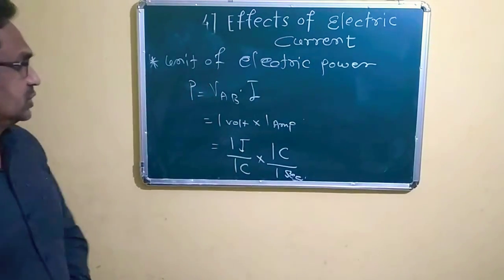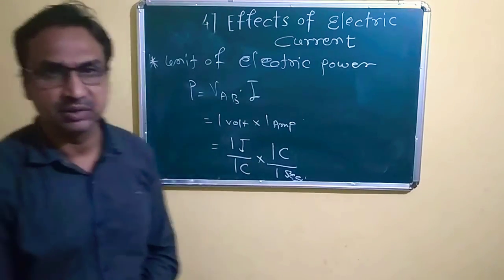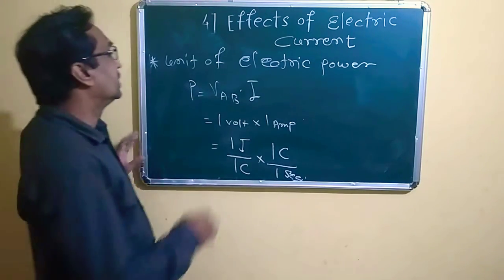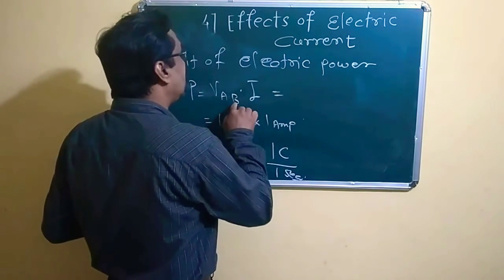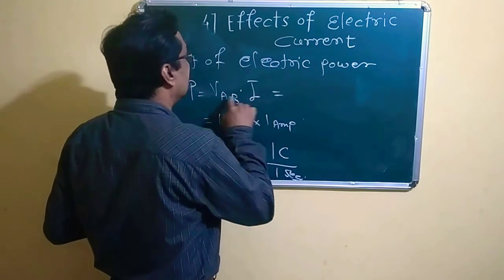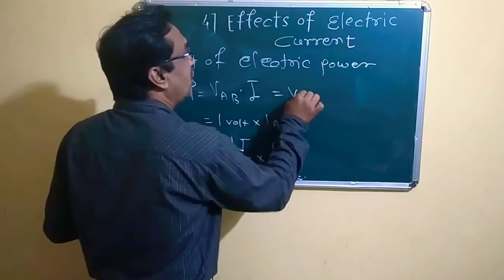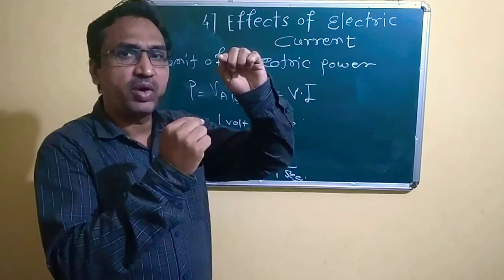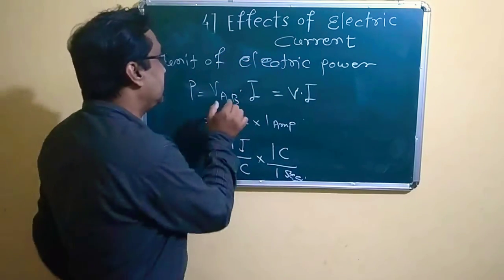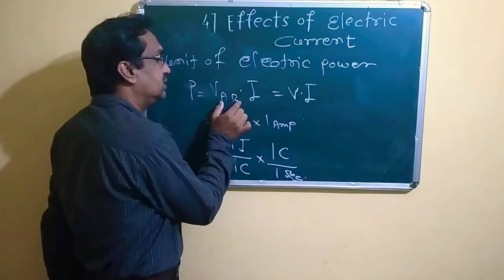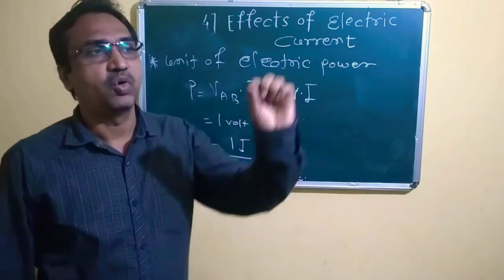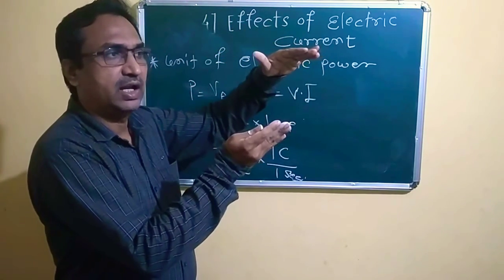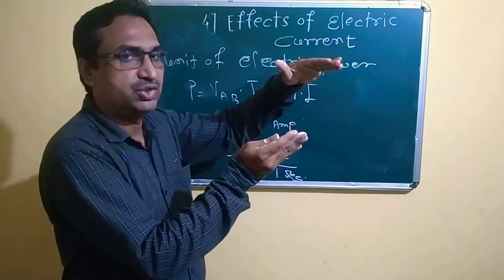I just want to mention those things. They have written this explanation in our book. But P is equal to VAB into I, which means voltage and current, V into I. AB means the potential difference between the points A and B only, that is, across that particular electrical component, the resistor used there.